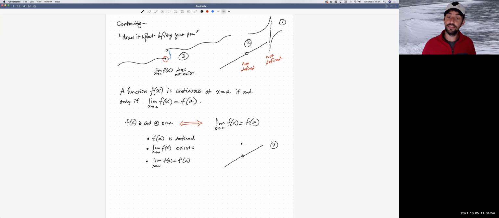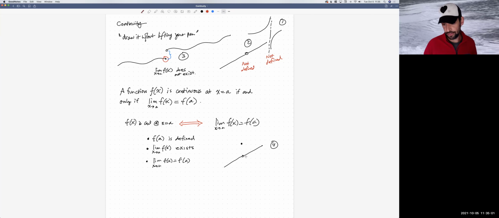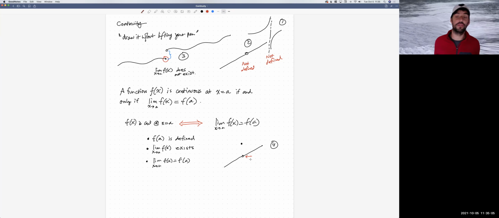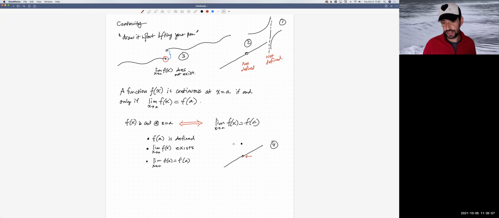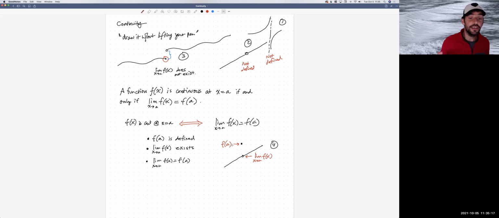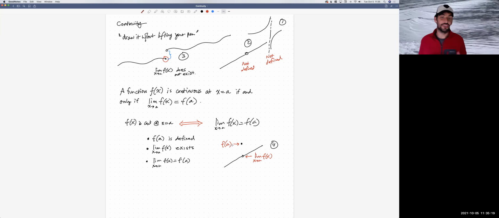Here we have the case where the limit does exist, right? The limit is whatever y value this hole has, right? The function's going towards that hole, but the function value is something else, right? So this is our limit as x goes to a of f of x, but the y value up here is what f of a is. So they both exist, but they don't match.